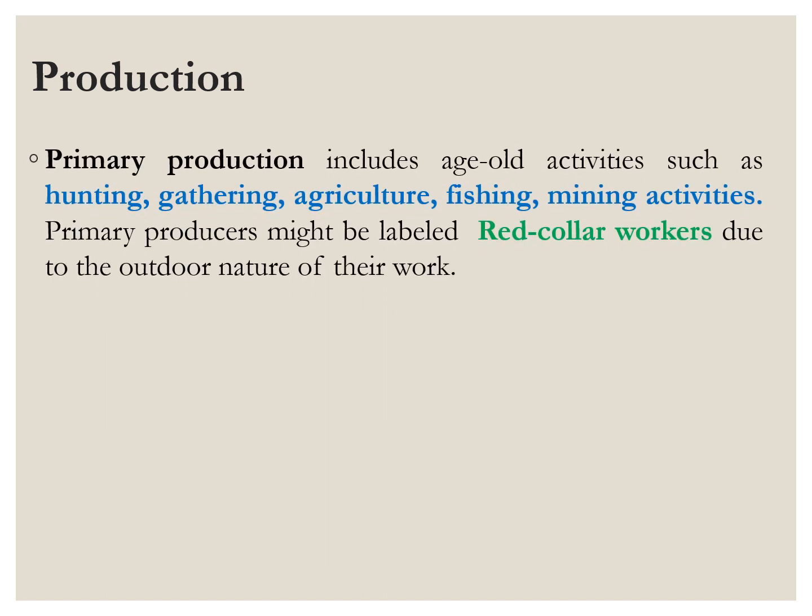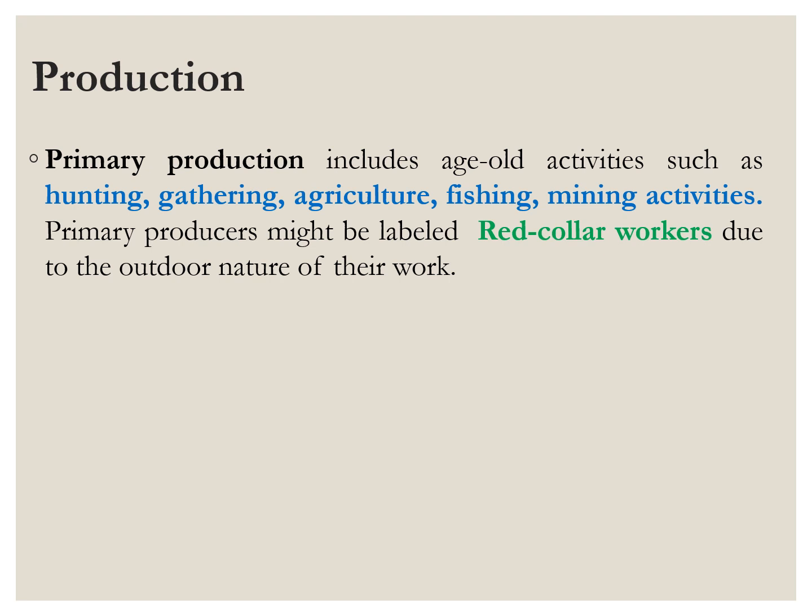And production can be divided into several categories like primary production, secondary production, tertiary production, quaternary production, and quinary production. First, we will discuss primary production. Primary production includes old age activities such as hunting, gathering, agriculture, fishing, and mining.